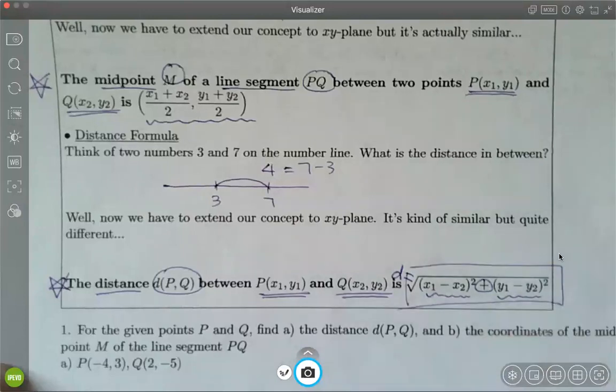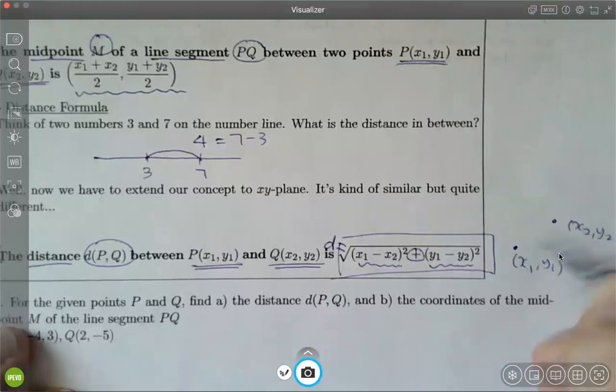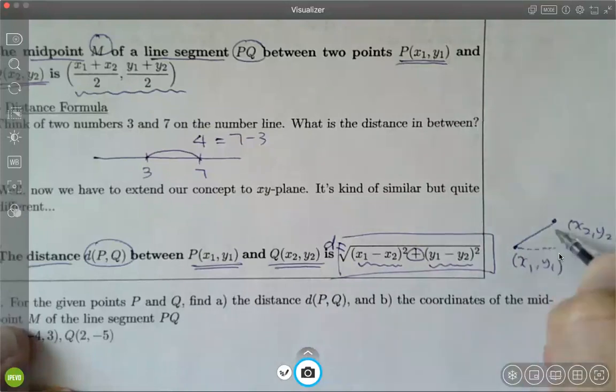But you don't have to know its reason. When you have two points, x1, y1, and x2, y2, to get the distance, what people do is they consider this right triangle. And hopefully you remember some famous formula about the right triangle.